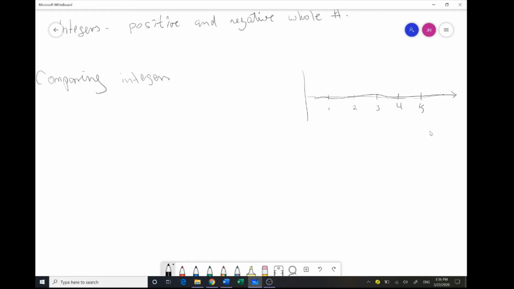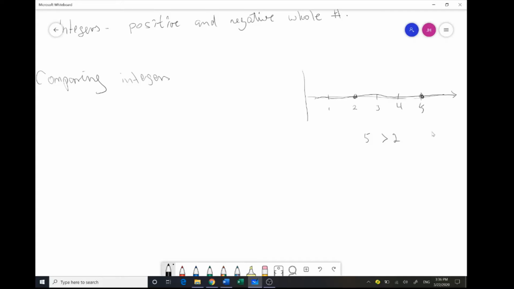Let's say I pick the numbers 2 and 5. Well, obviously in this number line we're looking at the positive 1 to 5. So can we say that 5 is greater than 2? Okay, I hope that is absolutely obvious to you guys that 5 is definitely greater than 2.